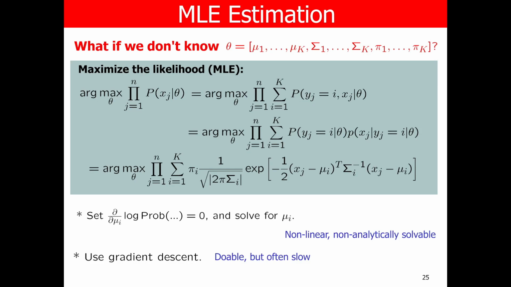And the other difficulty is that we should also satisfy our constraints, such that the covariance matrices have to be positive semi-definite, for example, and the pi i parameters have to be non-negative and they have to sum to 1. It can be very tricky to satisfy all these constraints with gradient ascent. The third way is to do expectation maximization, which is also known as the EM method, and this is what we are going to discuss now.